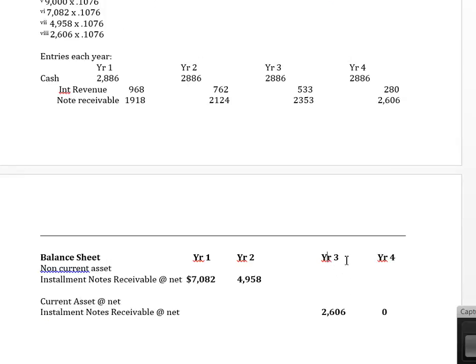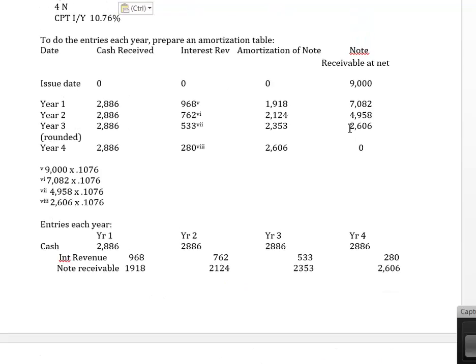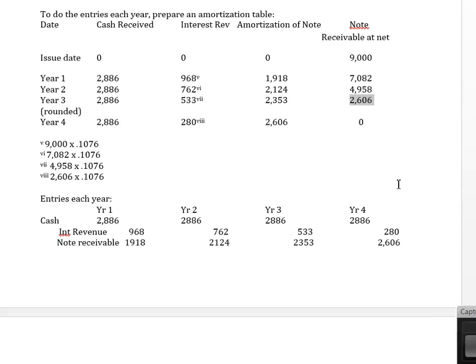But now when we get to the end of year 3, from the end of year 3 to the end of year 4, that's within a 12-month period. So you'll notice that whatever the note receivable is at net at the end of year 3, that's going to be reclassified now as a current asset.